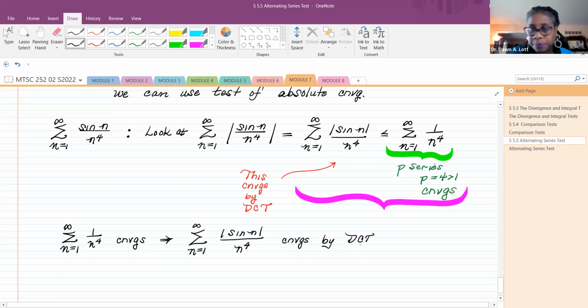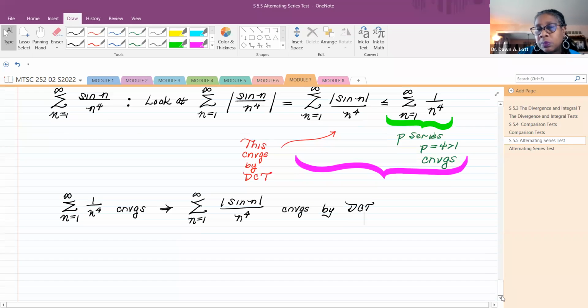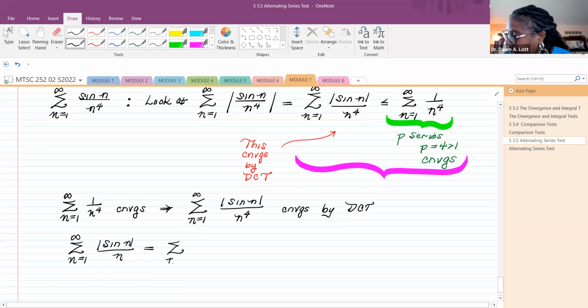And then the summation n equals 1 to infinity of the absolute value of the sine of n over n to the fourth, this converges.